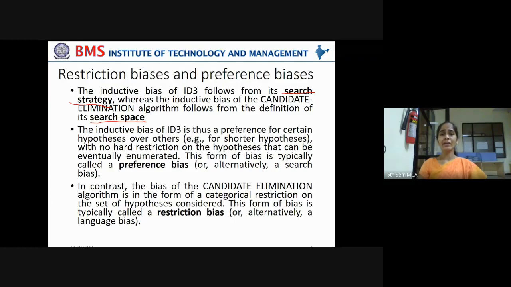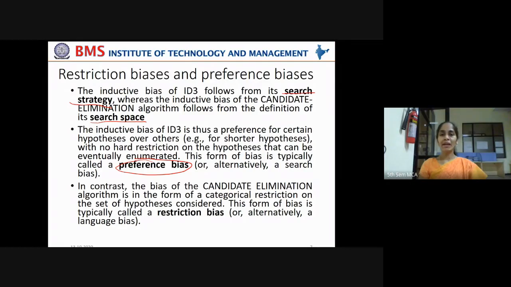What it is doing here, it has lots of optimal solutions. It has lots of options, but it is preferring only one optimal decision tree by considering the measure called information gain. That is why we call it the preference bias. Understood clearly now?